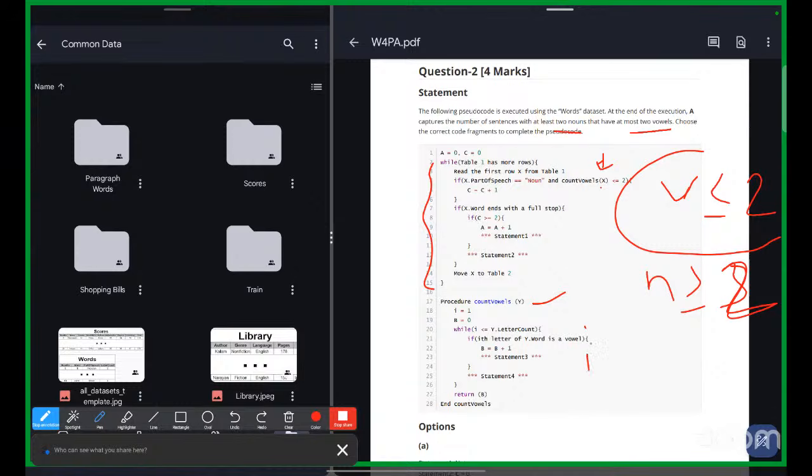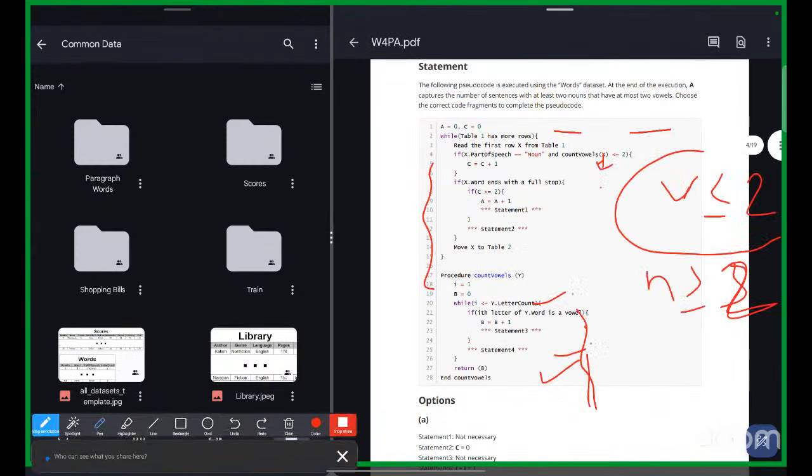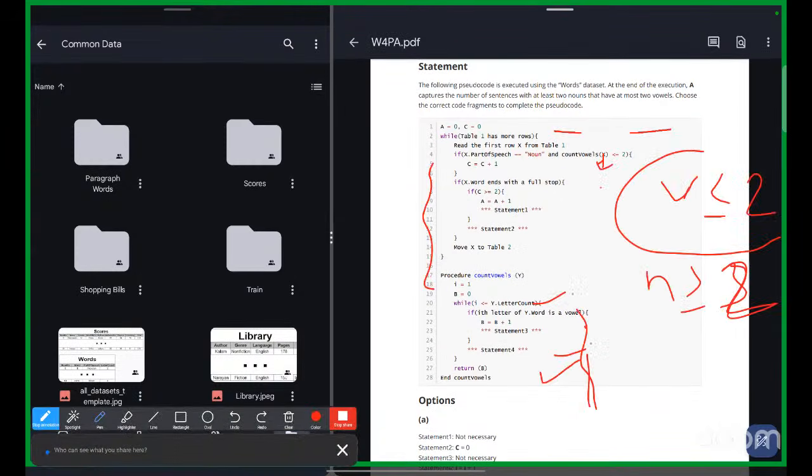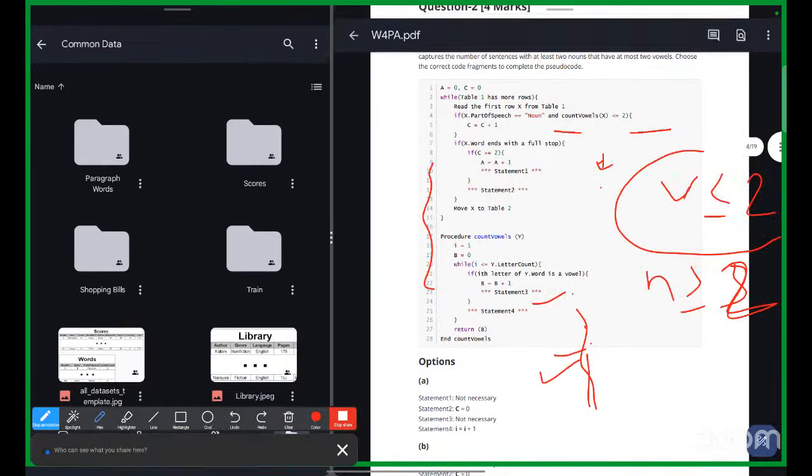So if we go through this procedure, and if we check statement 3 and statement 4, what can we place there? So there are some options.